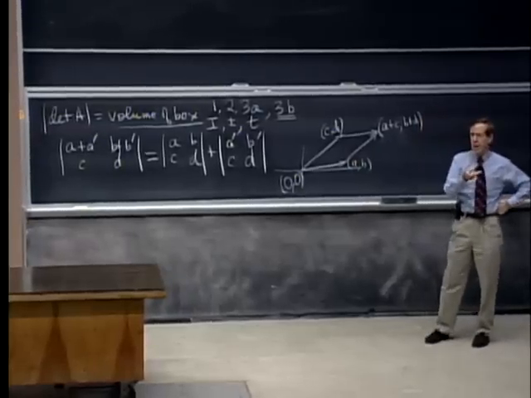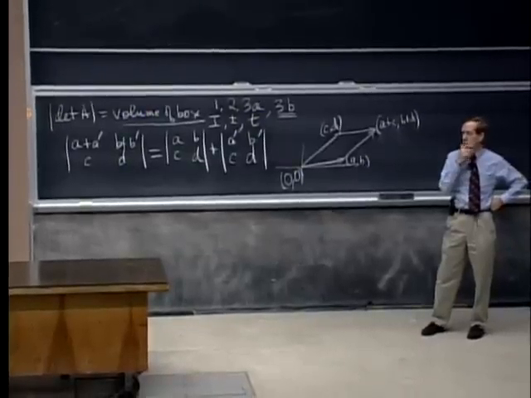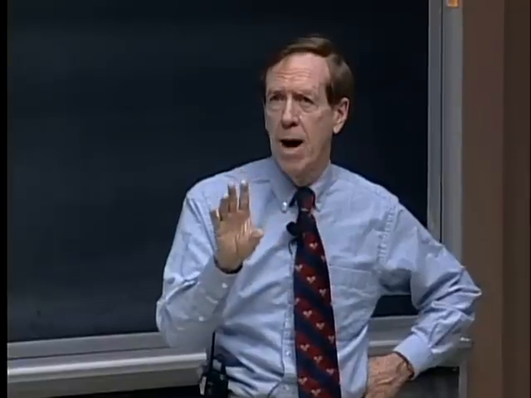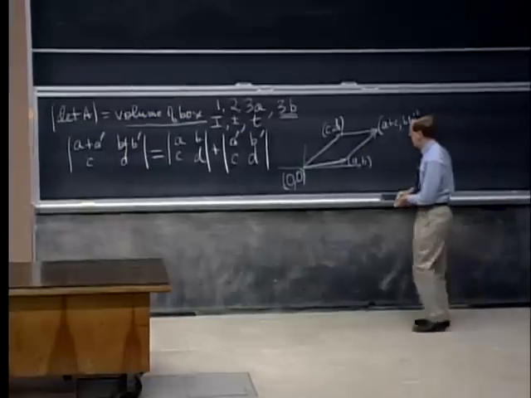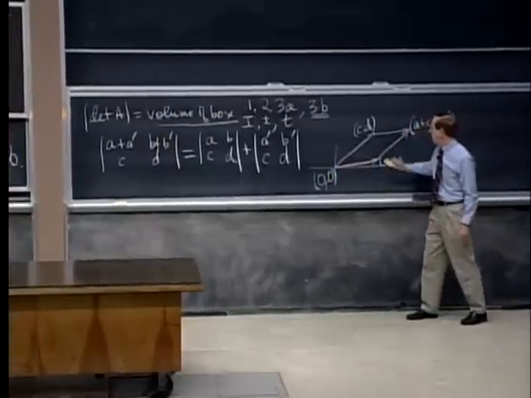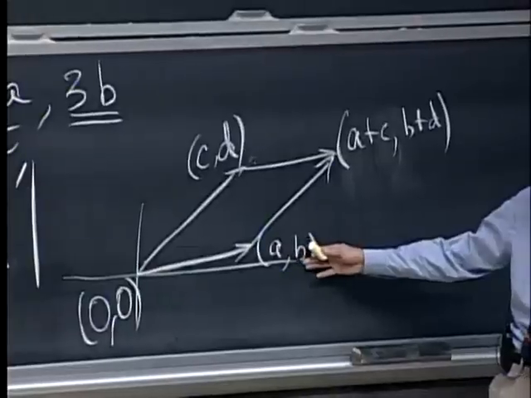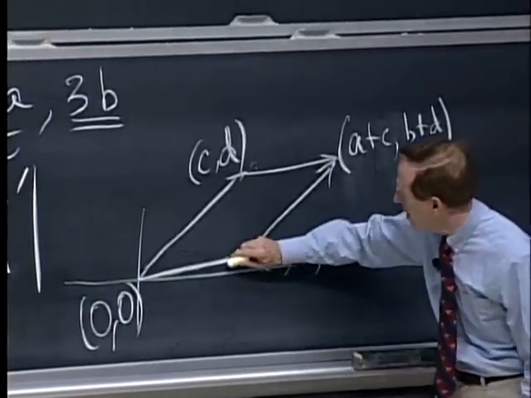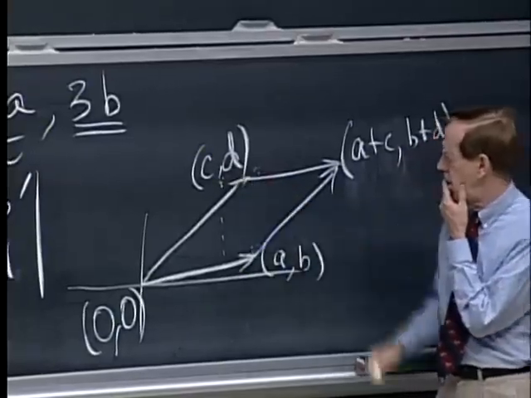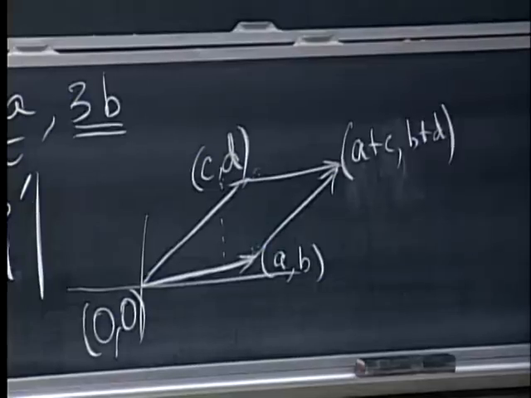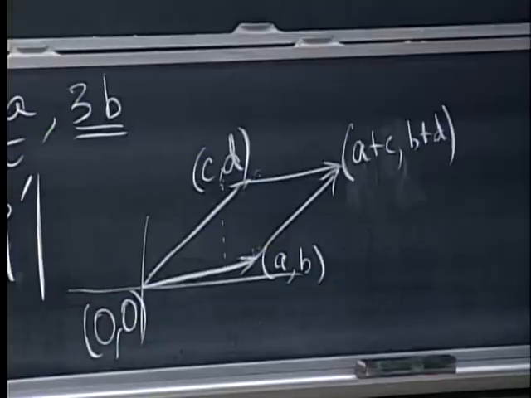If I had asked you that last year, you would have said, okay, the area of a parallelogram is the base times the height, right? So you would have figured out how long that base was. It's like the square root of a squared plus b squared. And then you would have figured out how much this height is, whatever it is. It's horrible. We got square roots, and in that height there would be other revolting stuff.